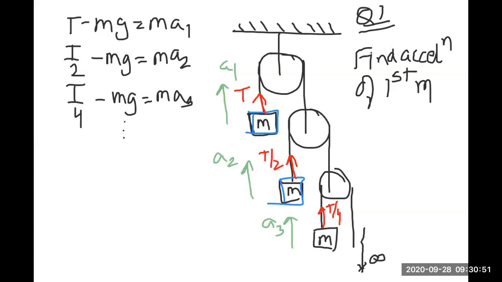And then we want the constraint equation. Dot product of these two guys, dot product of these two guys, dot product of these two guys, and add them together to give 0.